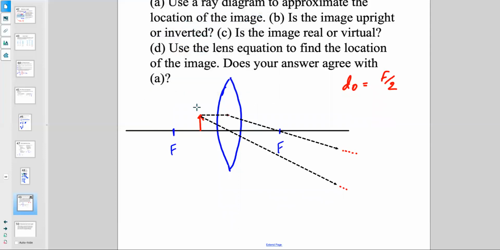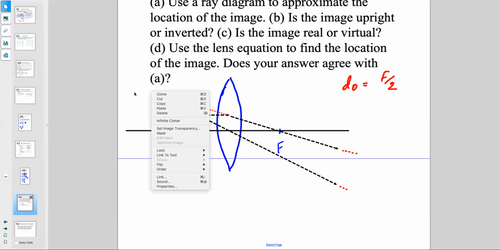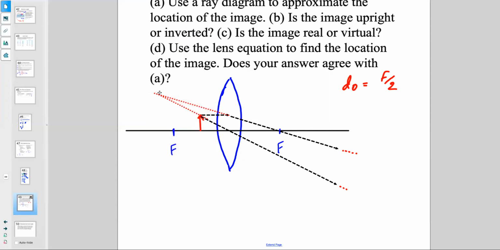Here we go. This should work now. Awesome. So if you continue those beams of light, they didn't cross one another on this side, but they did cross on the other end, which means that this is where the image is located.